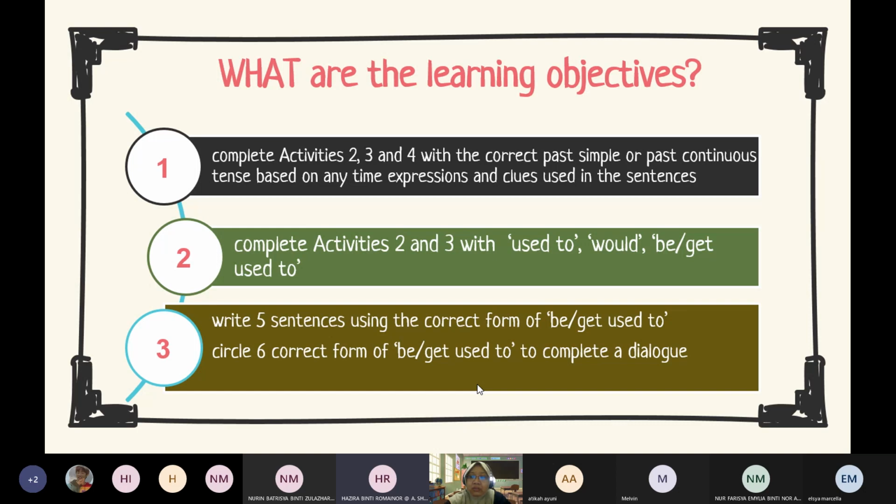Number 2, you have to complete activities 2 and 3 with used to, would, be, or get used to. And number 3, you have to write 5 sentences using the correct form of be or get used to, and circle 6 correct forms of be or get used to complete a dialogue.